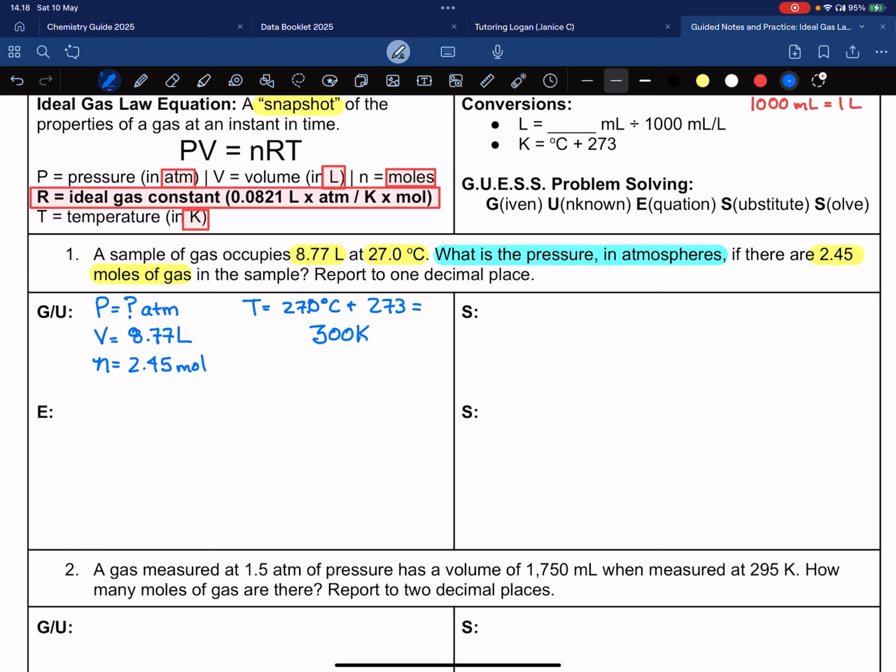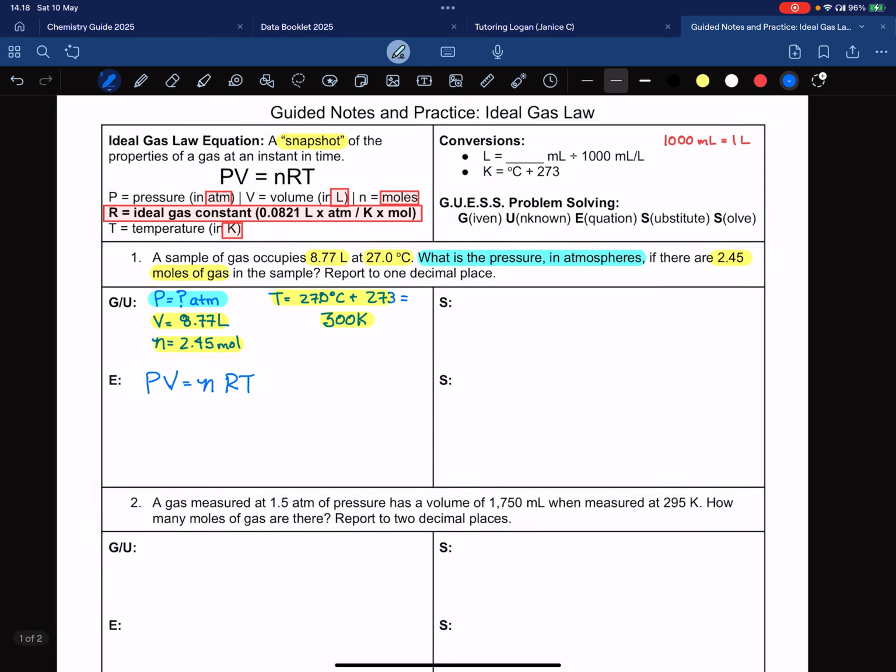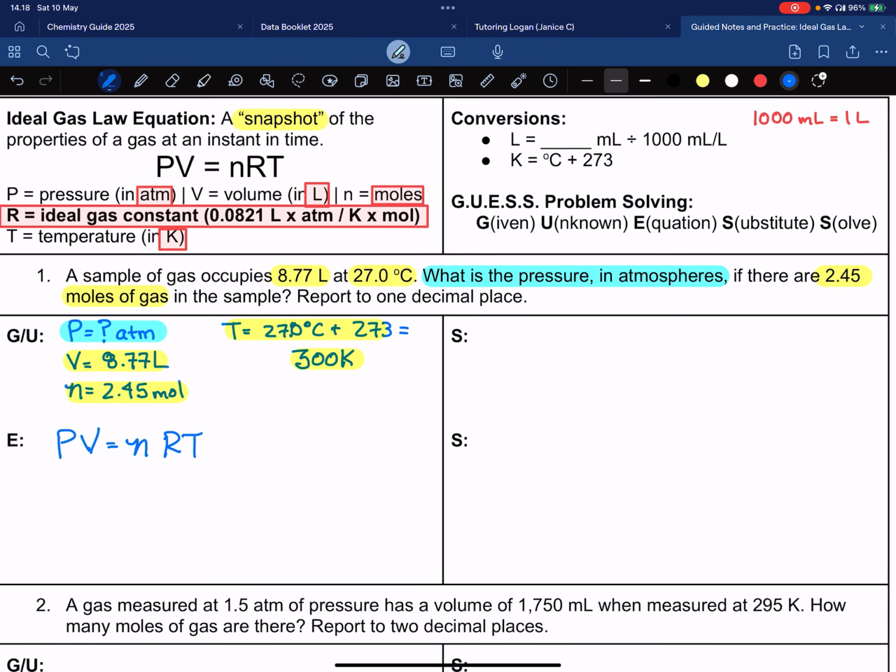All right, so here are my givens. And then here is my unknown, right, for my G and my U. Then I'm going to have an equation. P times V is equal to nRT. Substitute and solve. Now check, make sure liters, yep, liters is fine. K is fine.